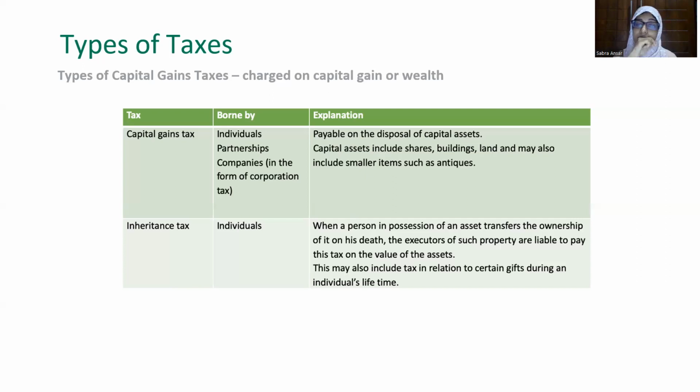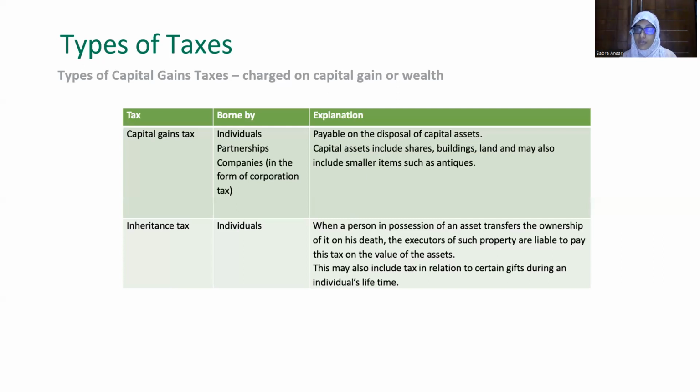So whether it's during your lifetime, if you're giving up certain gifts for free to someone, or you're transferring the ownership after death, then the property holders are liable to pay a tax on the value of the assets to the government, because you're getting it for free.